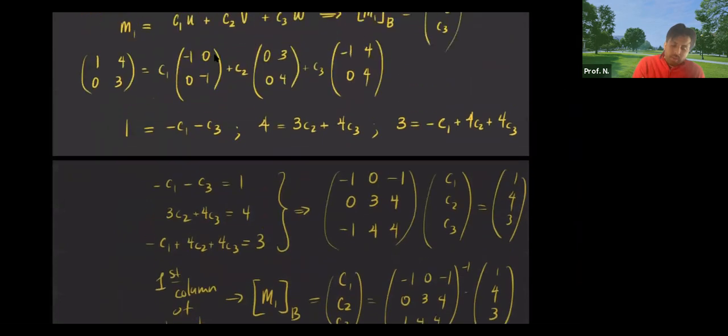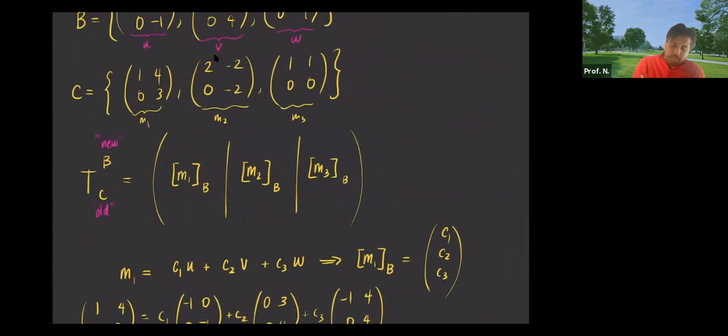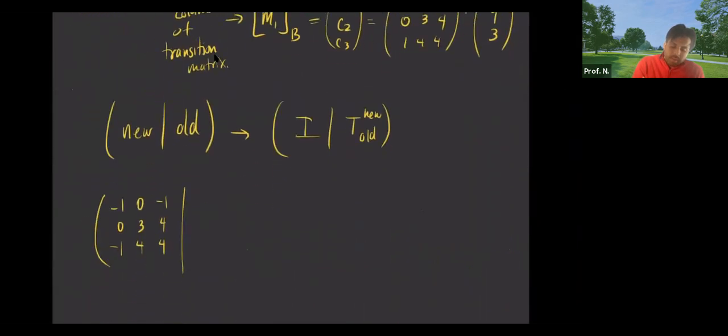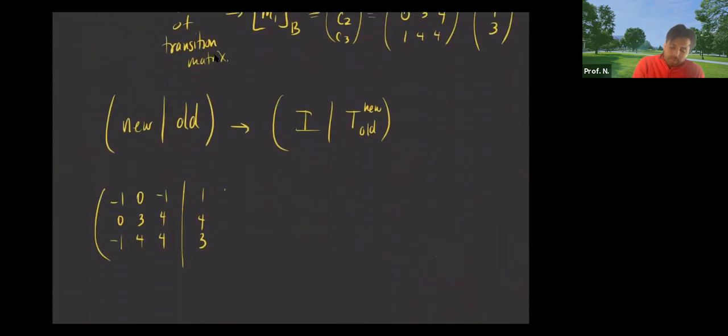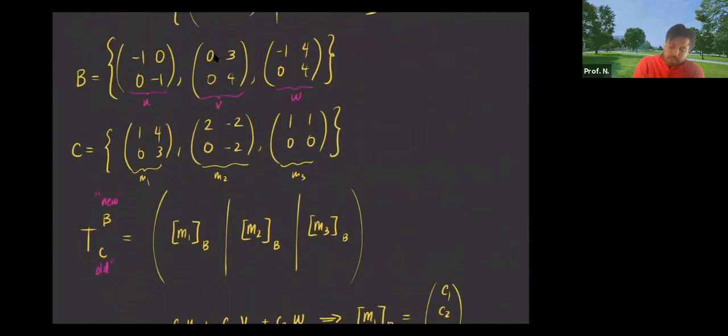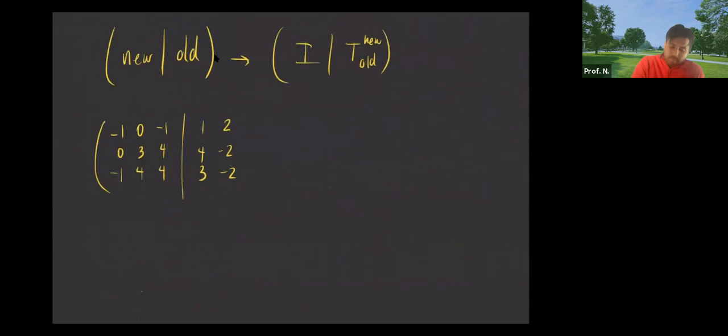And then the old would be 1, 4, 3, and then the next one would be 2, negative 2, negative 2, and the last one would be 1, 1, 1, 0.